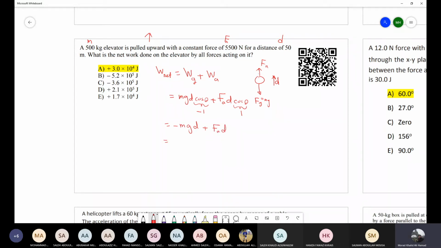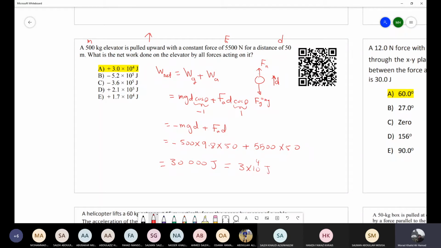You can just substitute: minus 500 times 9.8 times 50 plus 5,500 times 50. If you calculate this, it will give you 30,000 joule, which is equivalent to 3 times 10 to the power 4 joule.